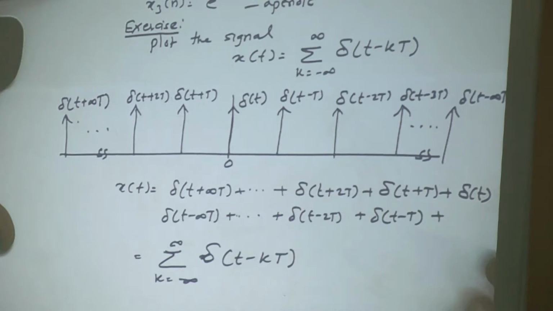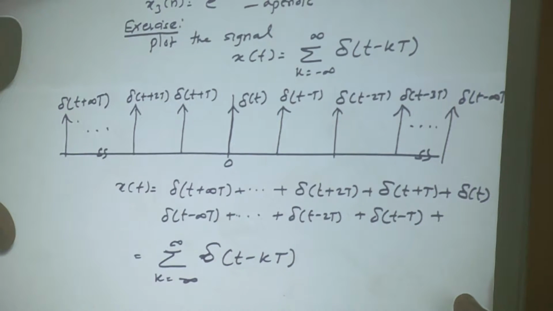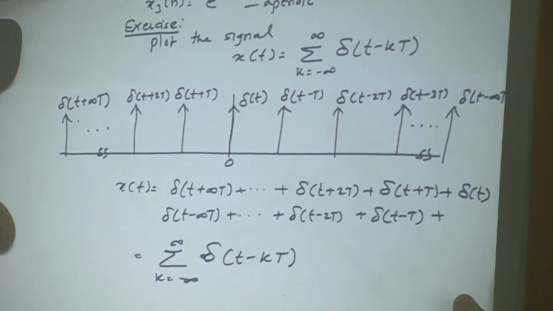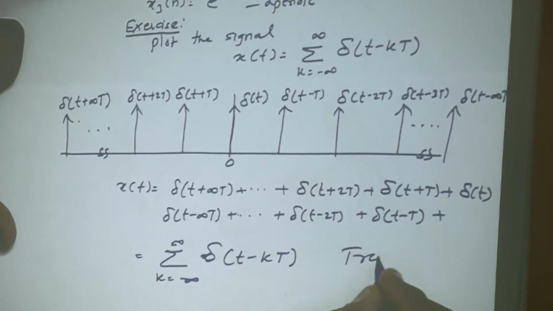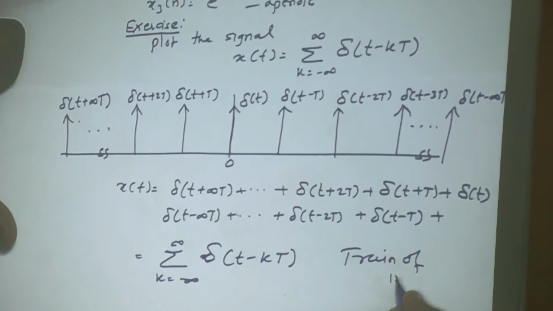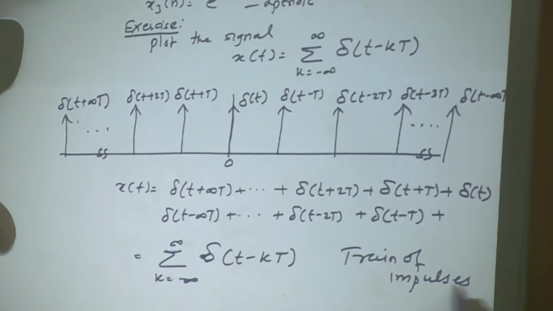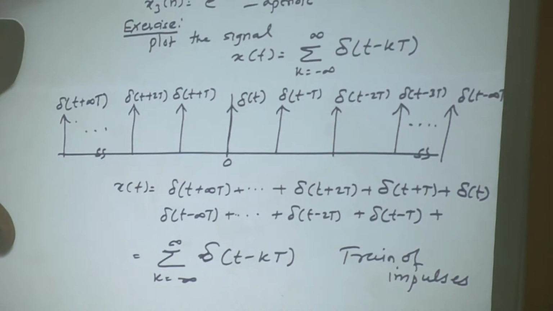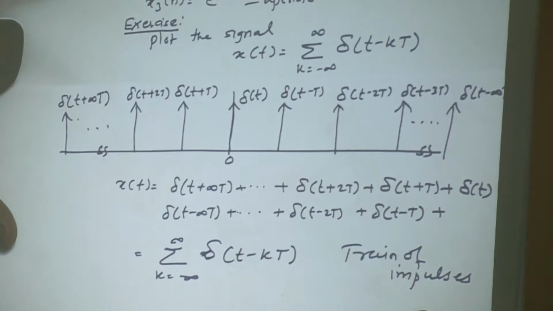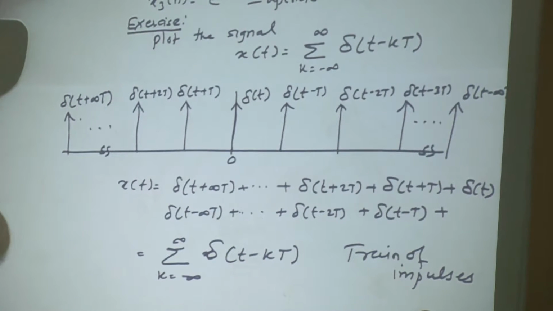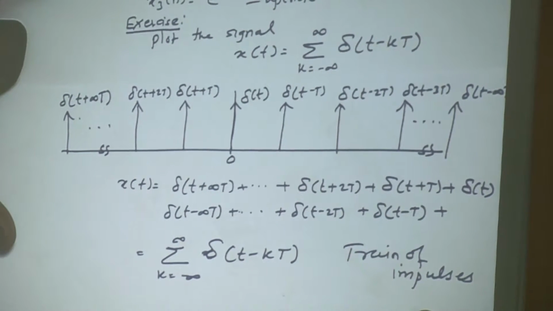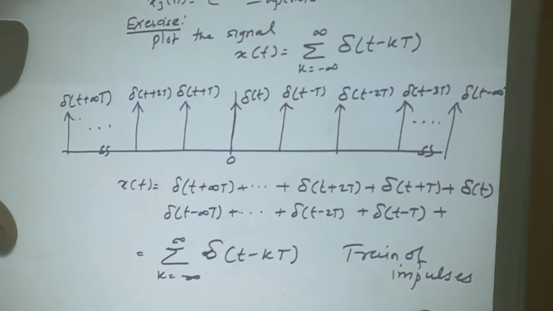So it's a train of impulses, delta of t minus k T. This summation realizes a train of impulses. Any signal x of t, a continuous time signal, if it is multiplied by this train of impulses, we get a discrete time signal.